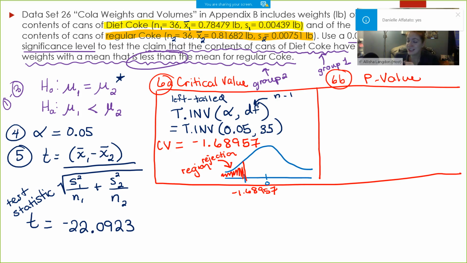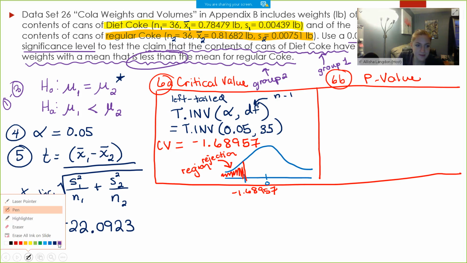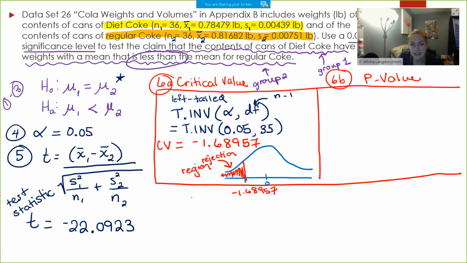Is negative 22 less than our critical value? Heck yeah, it is. So we would say that our test statistic T is less than our critical value, meaning that we would reject the null hypothesis.